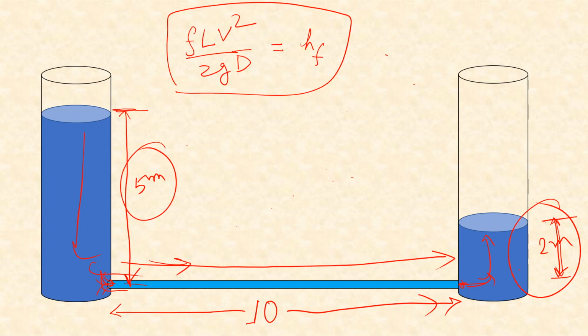Now this is a function of velocity. This loss will also be a function of velocity, and loss at entry will also be a function of velocity.